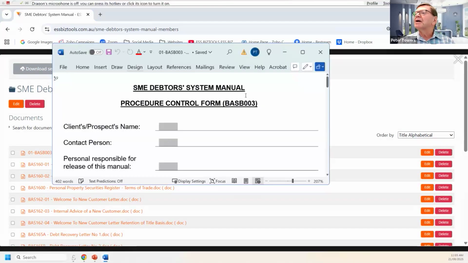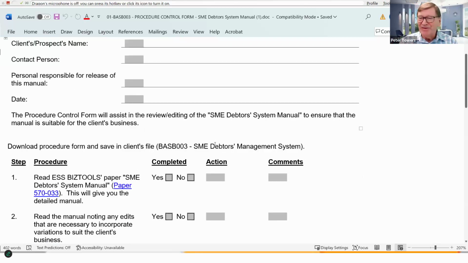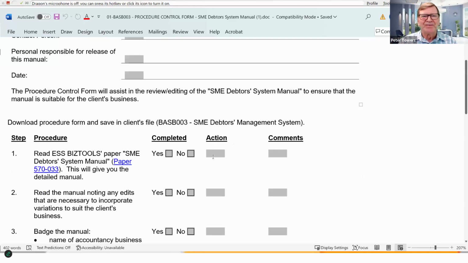So you should now be able to view the procedure control form. There's a procedure control form for each of the product packages within ESS BIZTOOLS. So if you're using the system, please use it. If you're working with a client, it will guide you through the process very well. I think if you find it doesn't guide you through appropriately, please send me an email and we will have a look at it.